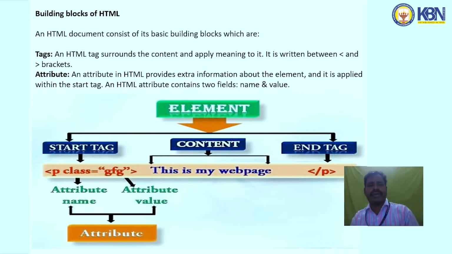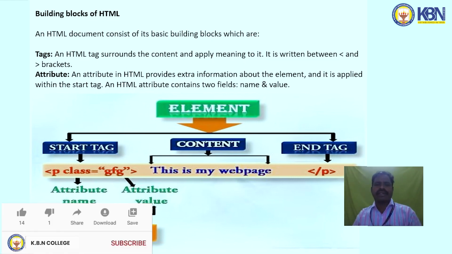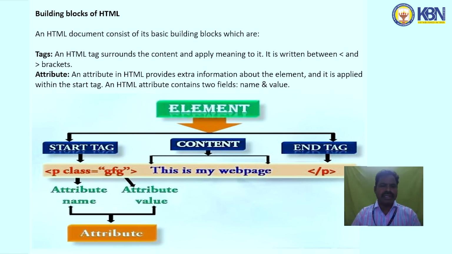What is an attribute? An attribute is something HTML provides as extra information about the element, and it is applied within the start tag. An HTML attribute consists of two fields, name and value. For example, here the element means starting tag, content and end tag. For example, P class equal to GFG.